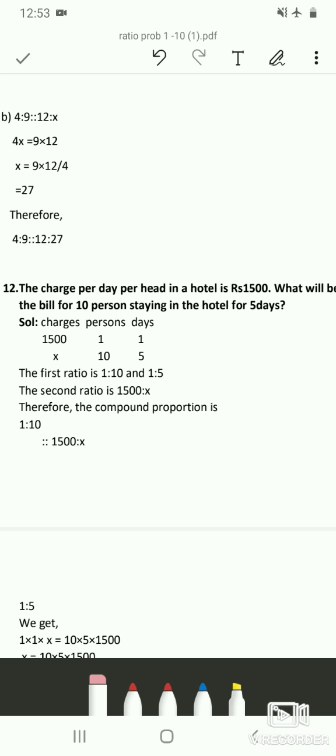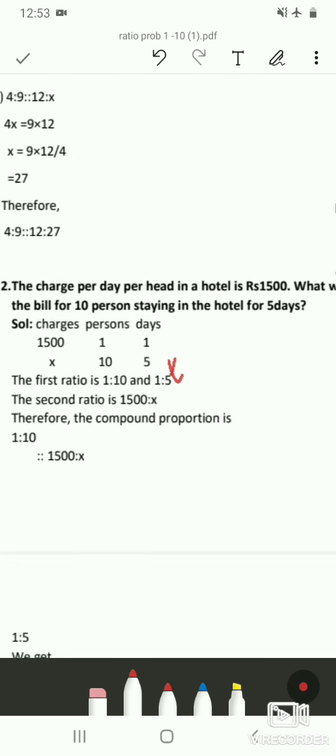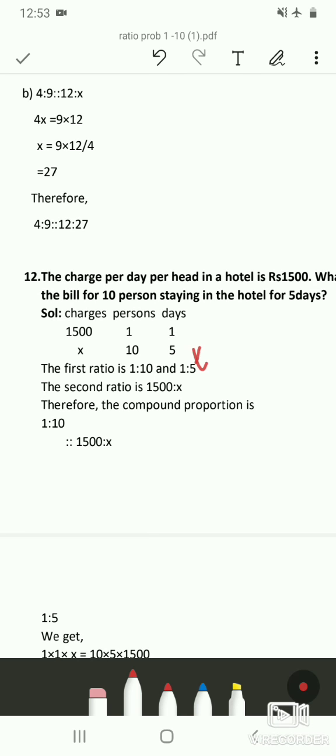We know that if there are more than 2 ratios, then we can take it as compound proportion. Here the first ratio is 1:10, which is for number of persons, and the next ratio is 1:5 for number of days, and the second ratio, that is 1500:x, is the charge that is cost by the hotel. So, we can write the given form as a general form of compound proportion.